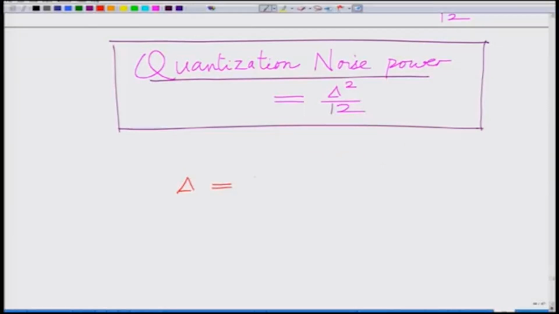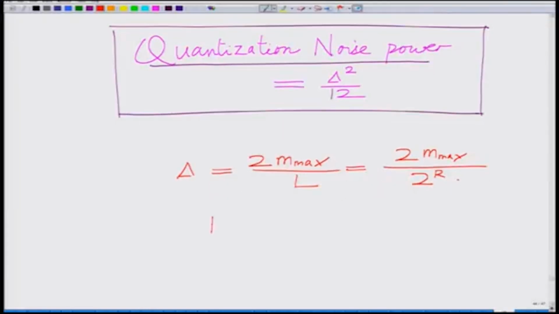Now, let us reformulate delta. Delta equals 2 m max divided by L, which is equal to 2 m max divided by 2 to the power of r, where r equals log L to the base 2, the number of bits. Because if we have L levels, for instance L equal to 8 levels, we need 3 bits, since all possible combinations of 3 binary bits give us 2 to the power of 3, that is 8 levels.